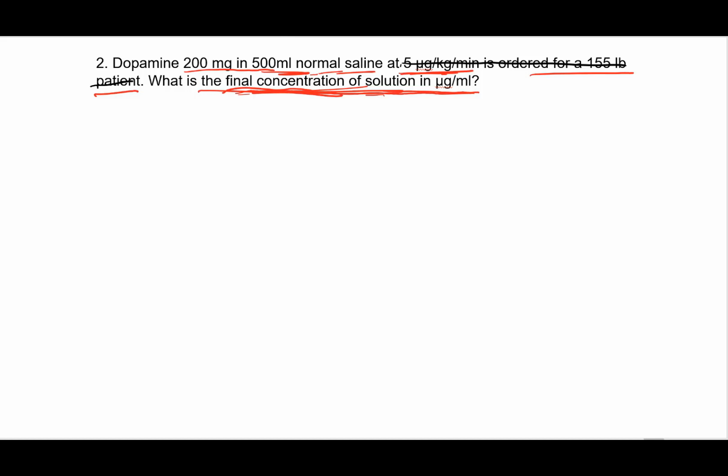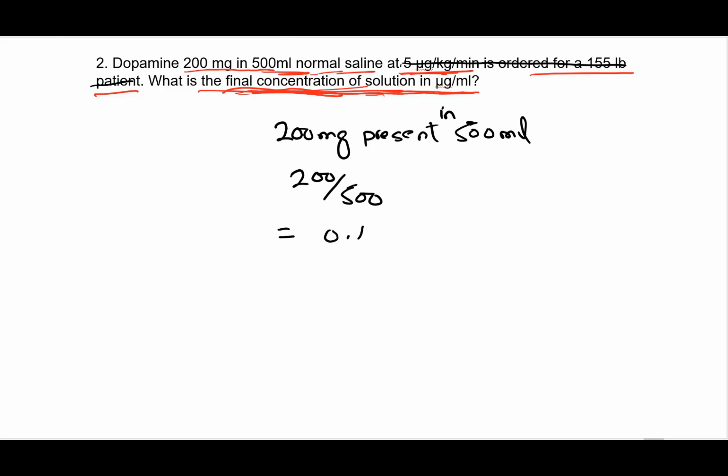This is just given to confuse you, so we don't need to use that information. All we know is that we have 200 milligrams present in 500 milliliters of the infusion solution, and let's convert that into milligrams per mil first. So 200 divided by 500 gives 0.4 milligrams per mil.